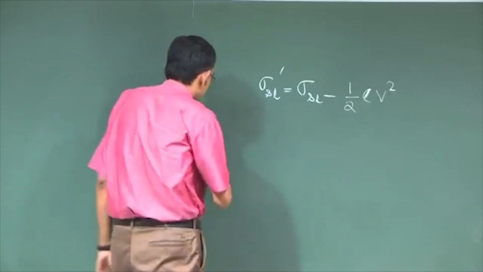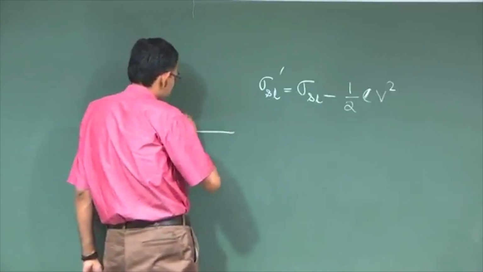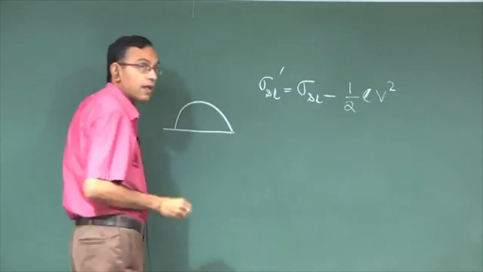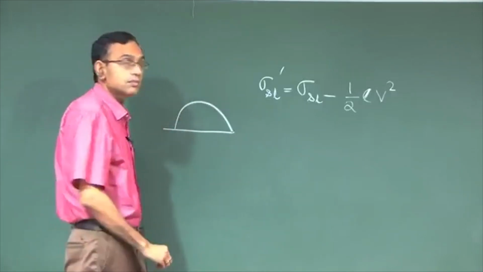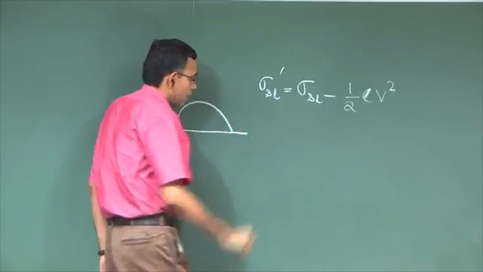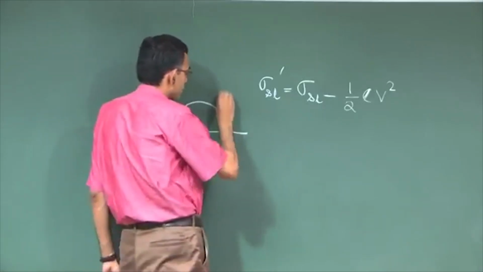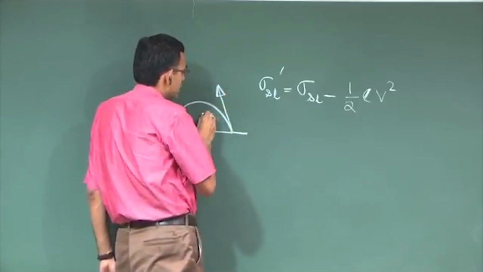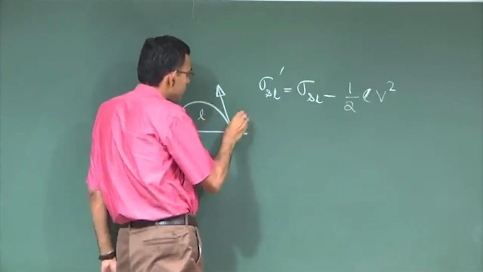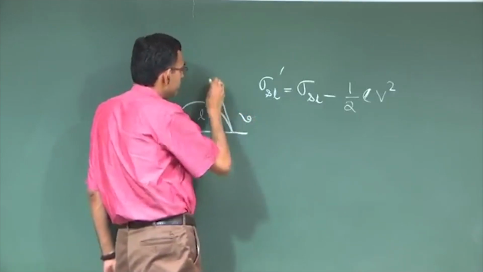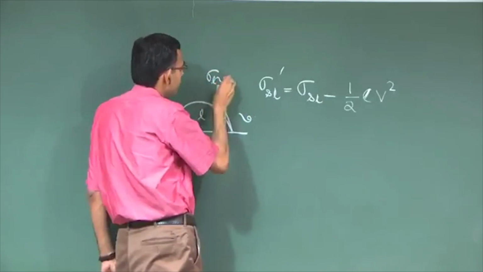So now if you have a droplet like this, this is liquid, this is vapor, this is solid, this is sigma LV.